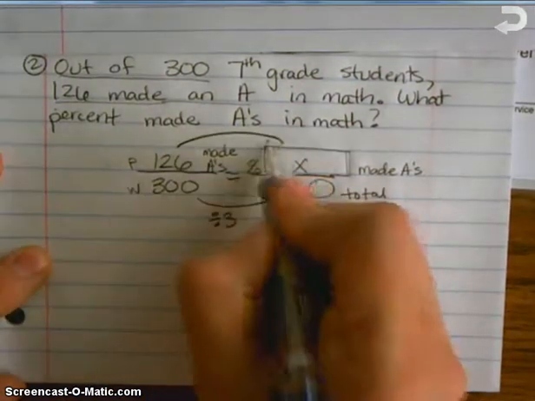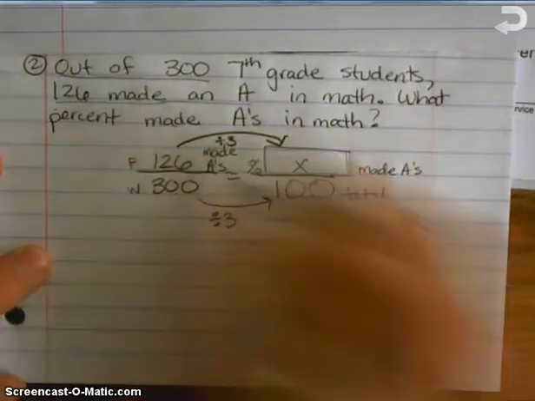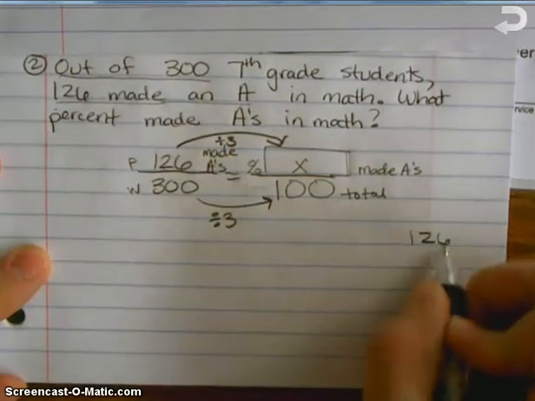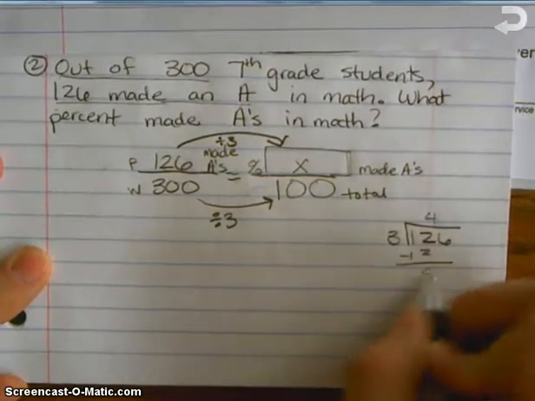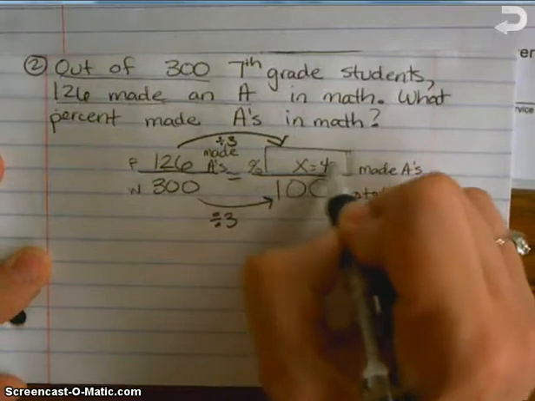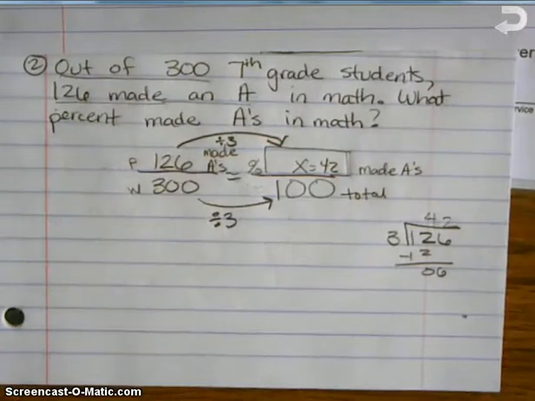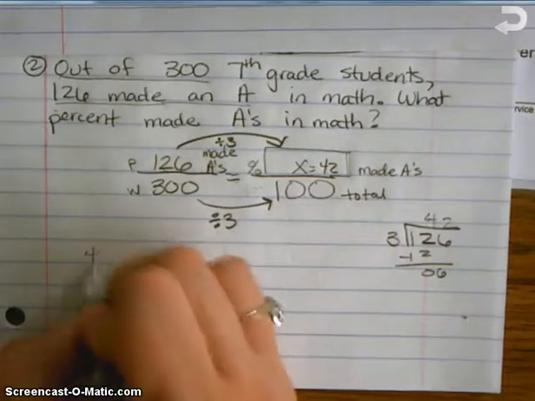So what I have to do to my numerator is divide by 3. 126 divided by 3 equals 42, so x equals 42. Now I have to make sure I've answered the question. What percent made A's in math? 42% made A's in math.